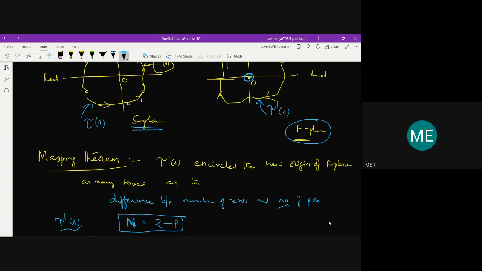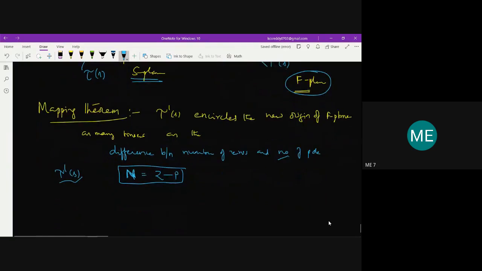Here p is the number of poles of f of s, and z is the number of zeros of f of s, which are encircled by the tau of s path in the s plane.